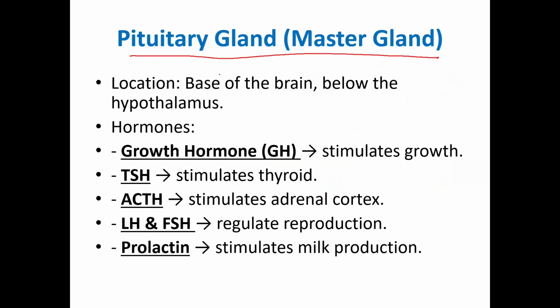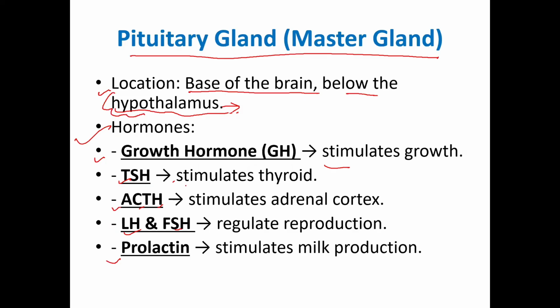The pituitary gland, called the master gland, is located at the base of the brain, below the hypothalamus. The hypothalamus is a kind of gland also. Hormones it releases: growth hormone, TSH, ACTH, LH, FSH, prolactin. Growth hormone stimulates growth.